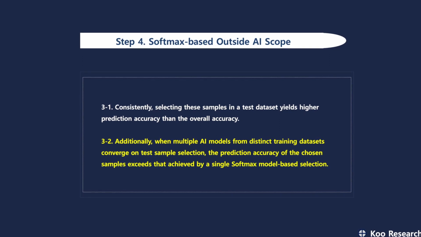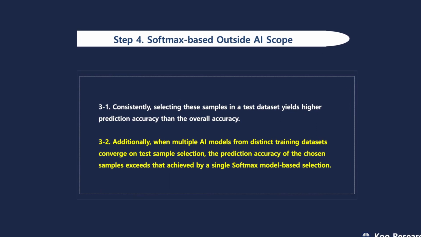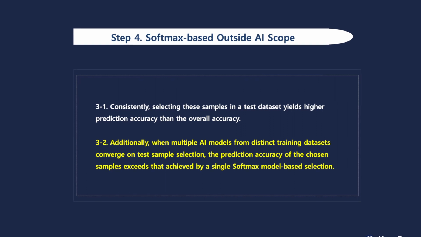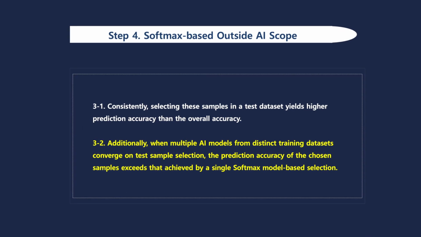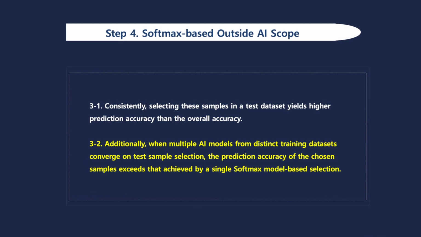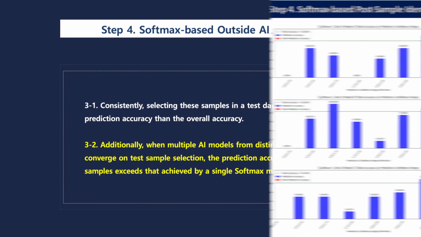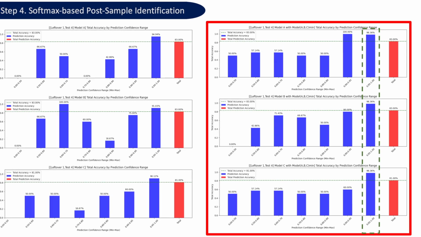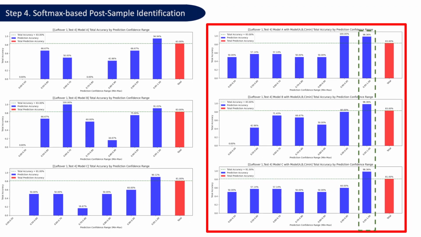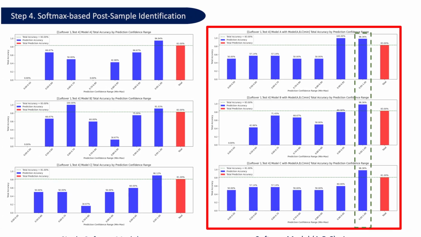3-2. Additionally, when multiple AI models from distinct training datasets converge on test sample selection, the prediction accuracy of the chosen samples exceeds that achieved by a single softmax model-based selection. The graph displays prediction accuracy across different softmax confidence ranges for 3 models.